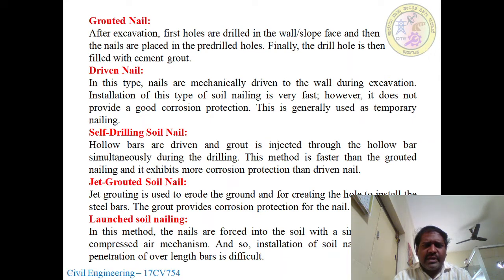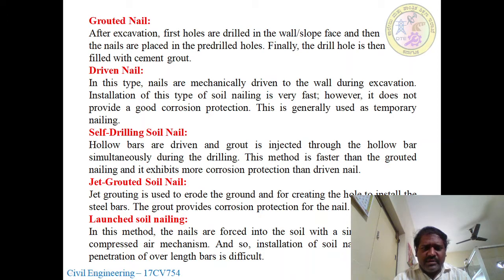The launched soil nailing. In this method, the nails are forced into the soil with a single shot using a compressed air mechanism. Installation of soil nails is fast, but penetration of overlength bars is difficult. Launched soil nailing is rarely used, and it is used in tunnels where the soil is hard.